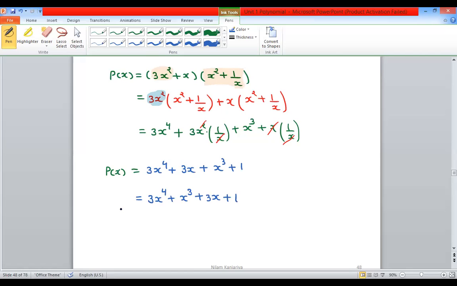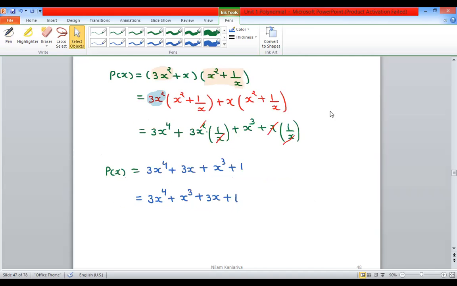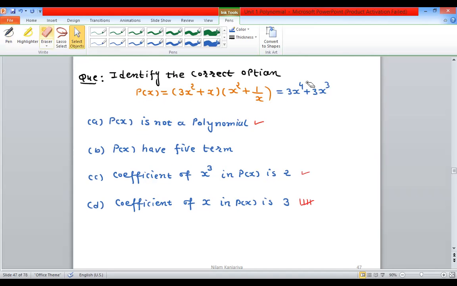And this is your polynomial. Your answer is 3x raised to 4, x cube, 3x plus 1. This is the expansion.